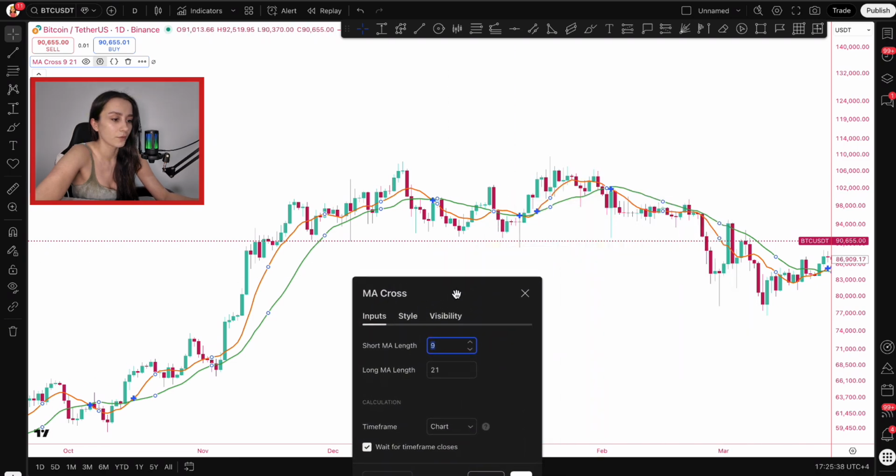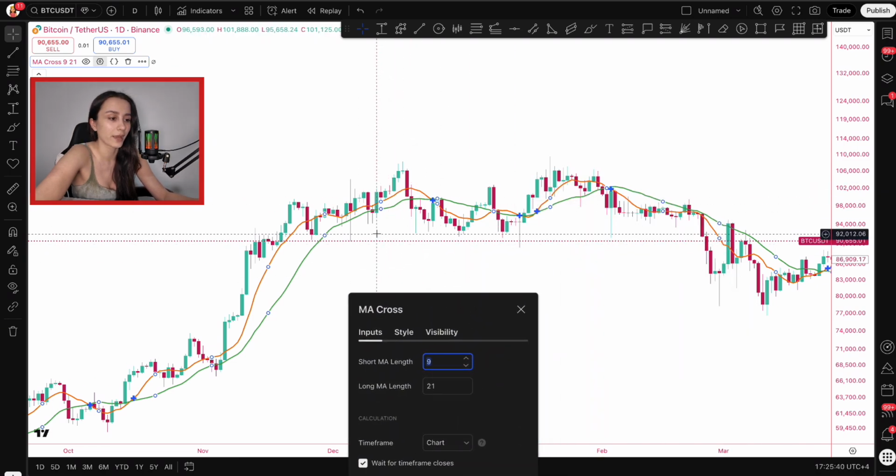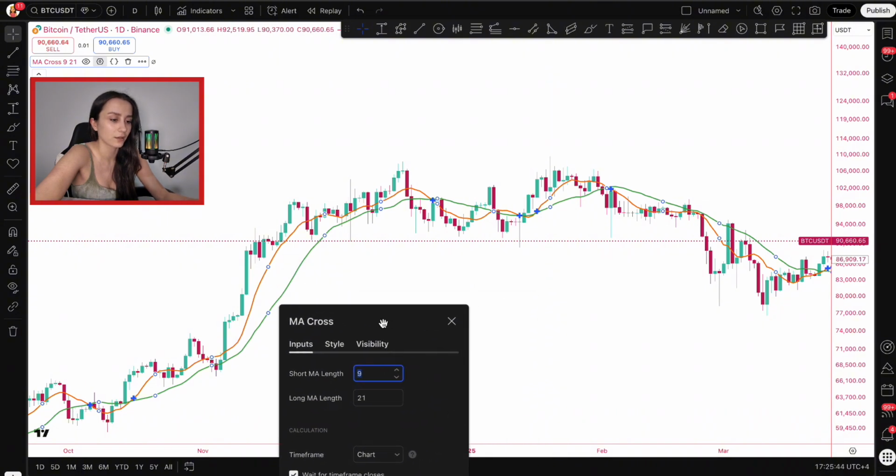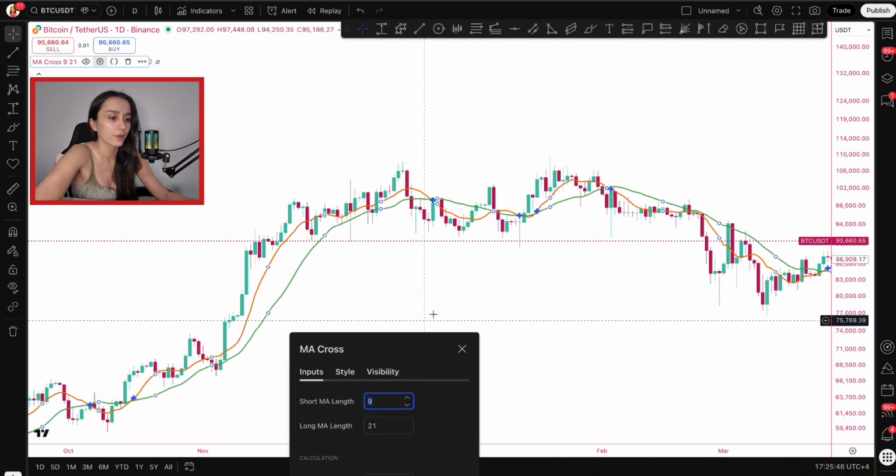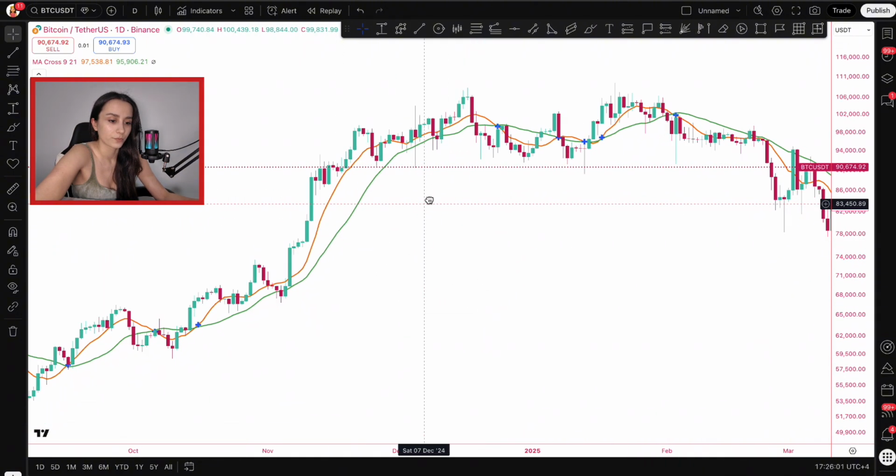If you are making short time trades, you can keep it like that, but I'll also change it after a while. When you see the short time, 9 days moving average cross down of the green one, long MA, there is a drop.